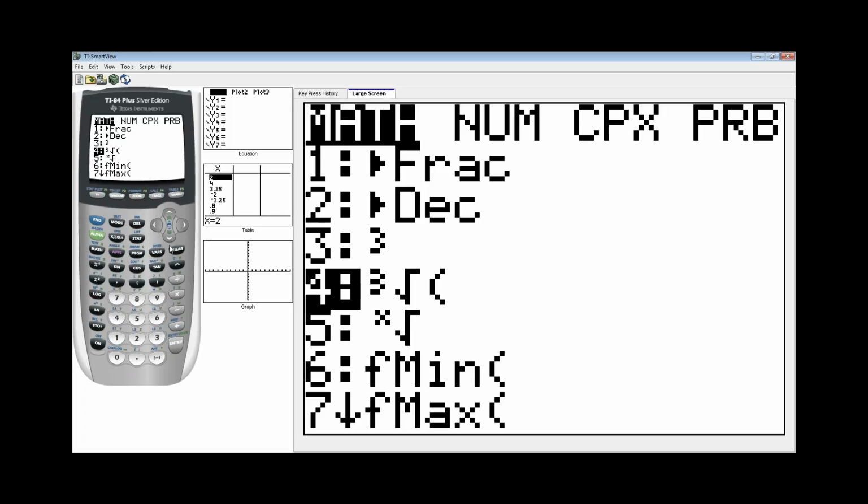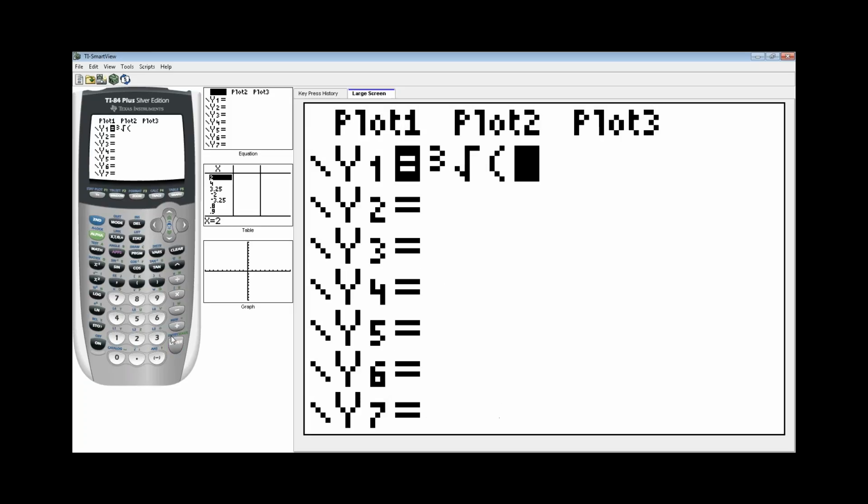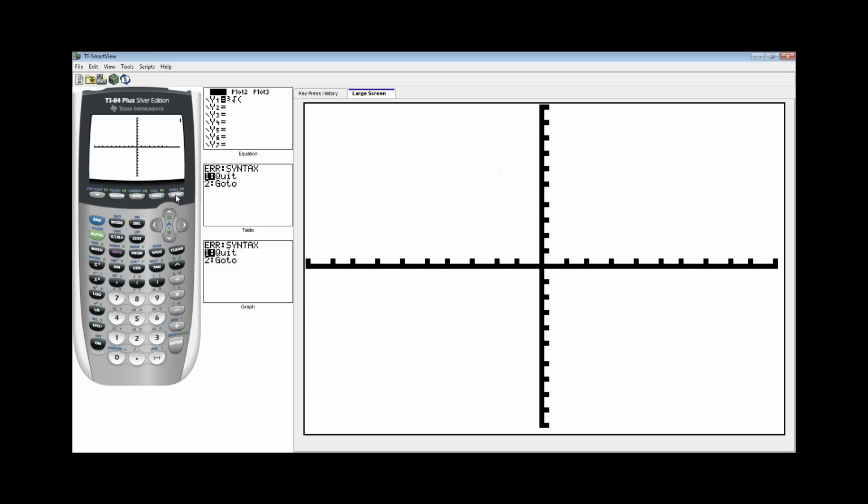You can either press the number 4, or scroll down to it and press enter, and then we're going to type x. To graph it, we'll press graph, and that gives us a sketch.